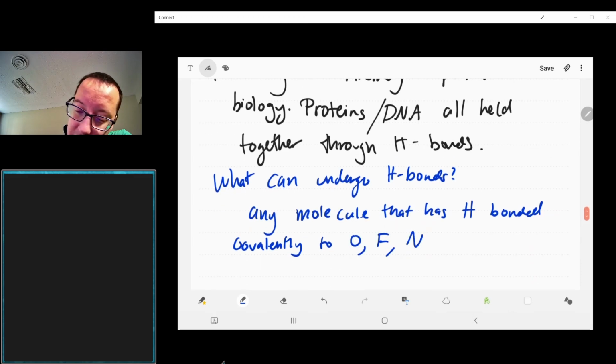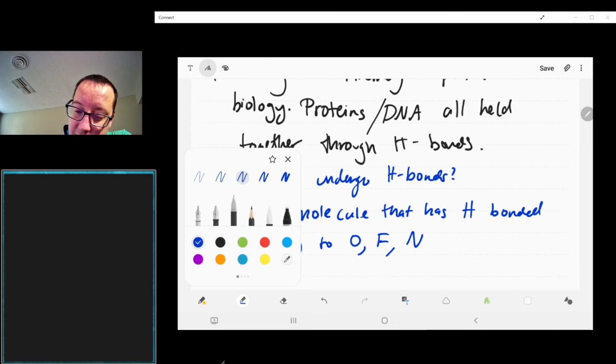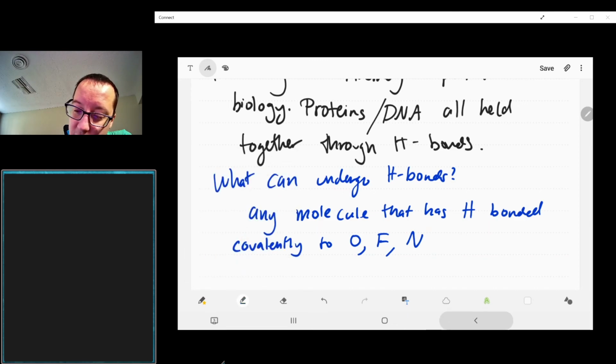So we're only looking at hydrogens that are on one of these three elements. If the hydrogen is on a different element, it cannot hydrogen bond.